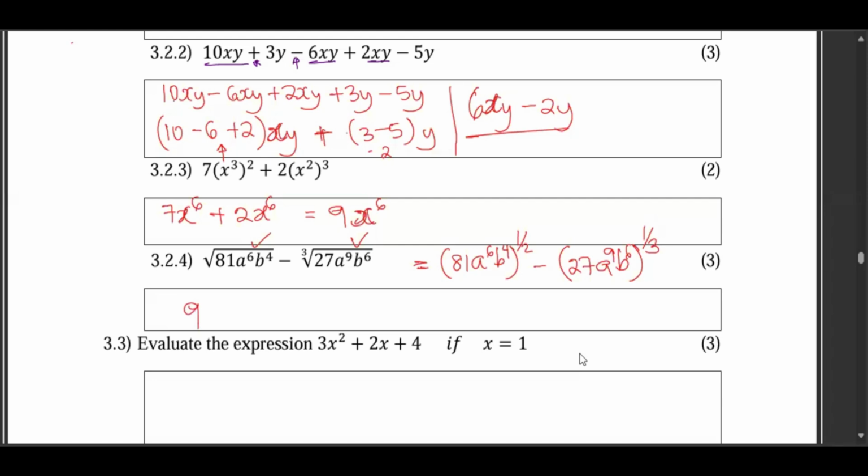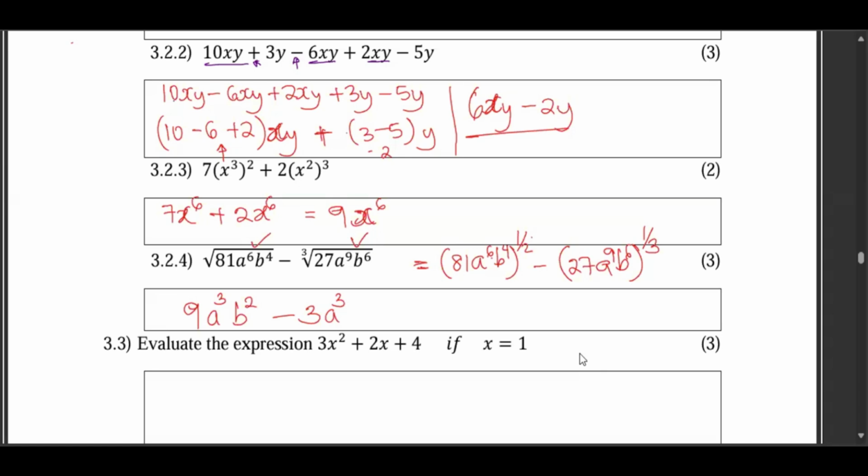So power to power, the square root of 81 is 9. Then power to power, if this is a half times 6, what do you get? It's a to the power 3. Then a half into 4 gives b to the power 2. Minus, if this is a third, the cube root of 27 is 3. Then we have a: 9 times a third, you get a to the power 3.